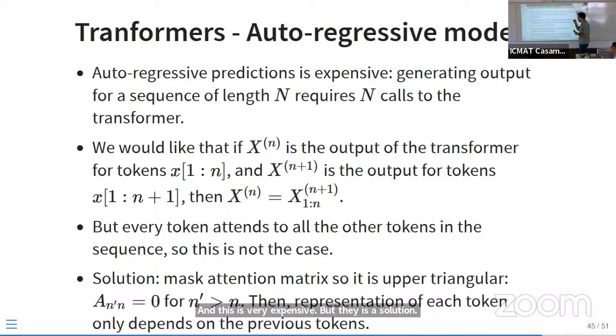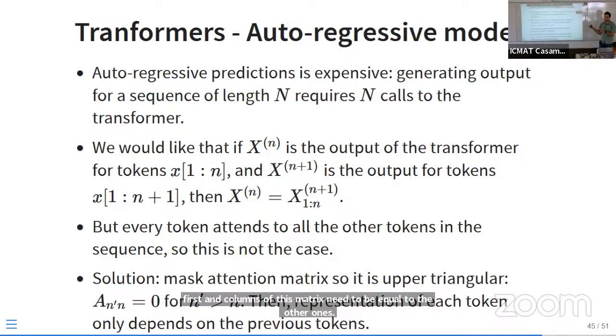We would like that if x_n is the vector representation of a set of tokens, and x_{n+1} is the vector representation of these same tokens plus another one, we need this property to hold: the first n elements of this matrix, the first n columns, need to be equal to the other one.